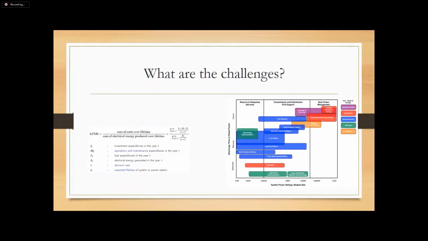But in developing it, what are the challenges? What are the few challenges that you can think of in developing it? It has a high LCOE and low efficiency. So can anybody tell me what LCOE is? Basically, it's the sum of cost over lifetime over the sum of the electrical energy that's being produced.